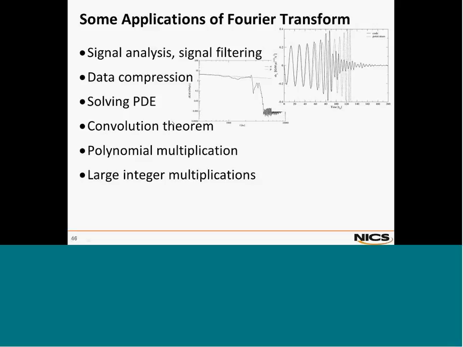It's also useful in solving PDEs and control, for example. It's useful in polynomial multiplication, and in areas like data compression, if you're familiar with how it works. All of that is based on Fourier transform and Fourier analysis.